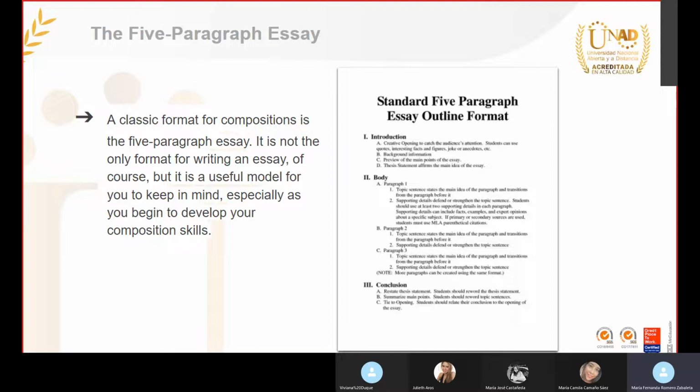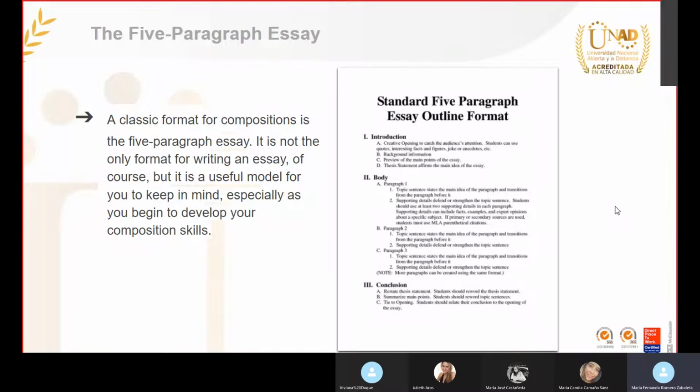Okay, so this standard 5-paragraph format shows us 3 parts of the essay: the introduction, the body, and the conclusion. The introduction has 1 paragraph. The body has 3 paragraphs and the conclusion is just 1 paragraph again. So to give a total amount of 5 paragraphs.